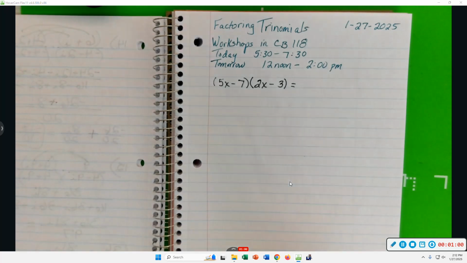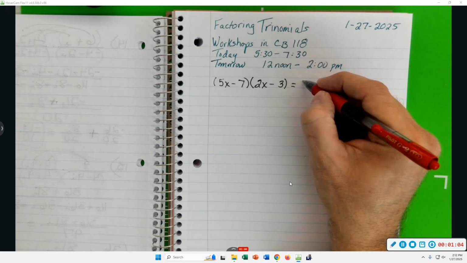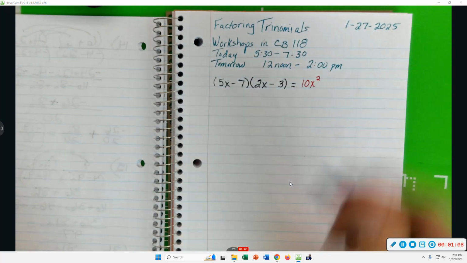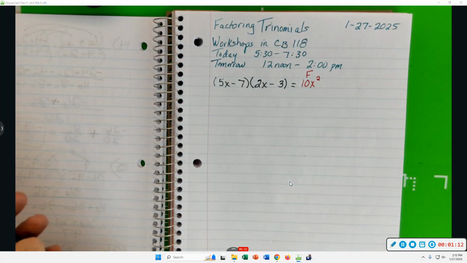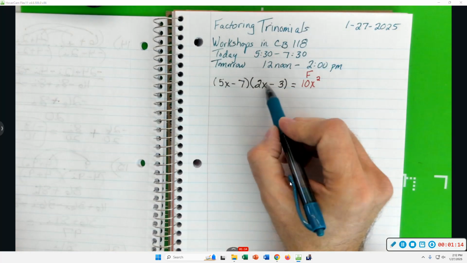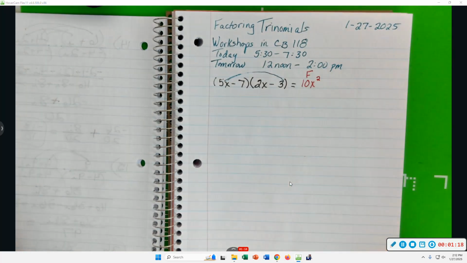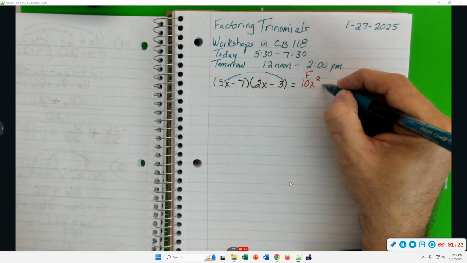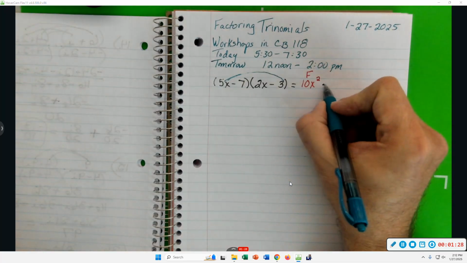So we start FOILing this out. 5x times 2x, that would be 10x squared first. Now let's do the outer. 5x times a negative 3 is negative 15x.